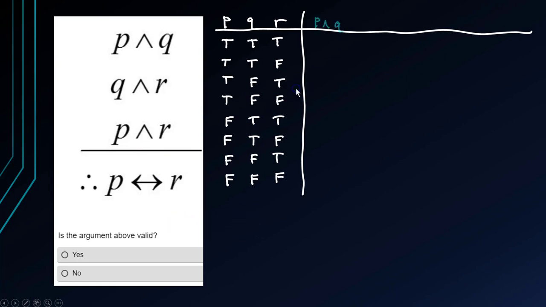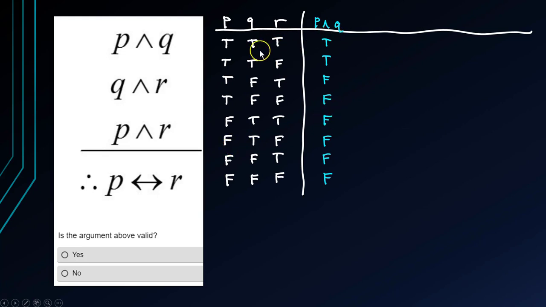So P and Q, I'm looking at these two columns, and for that to be true, both P and Q have to be true. Otherwise, it's false. When you look at the truth table, these first two, up here, are where P and Q are both true. For the rest, at least one of them is false, either one's false, the other's false, or both false.